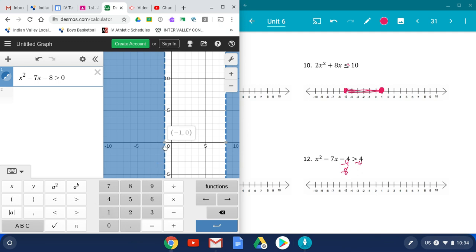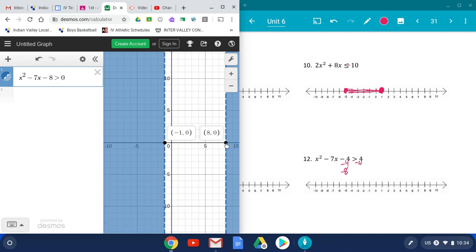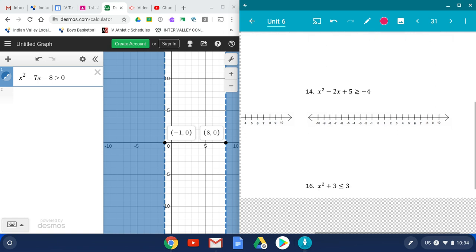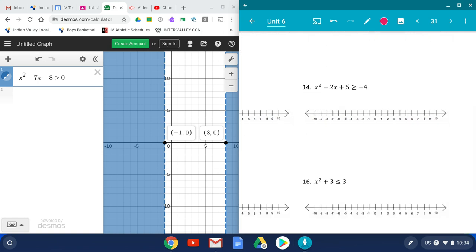So again, I can see I'm going to have open circles at negative 1 and at 8, and my shading is to the outside. Sorry, my lines and my writing is so sloppy. I'm trying to do this with my computer open. It kind of makes it a little bit more difficult.